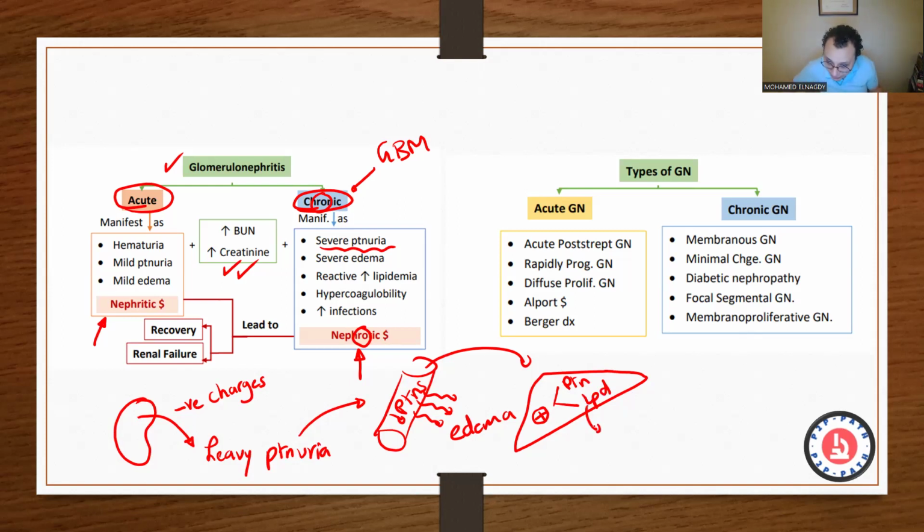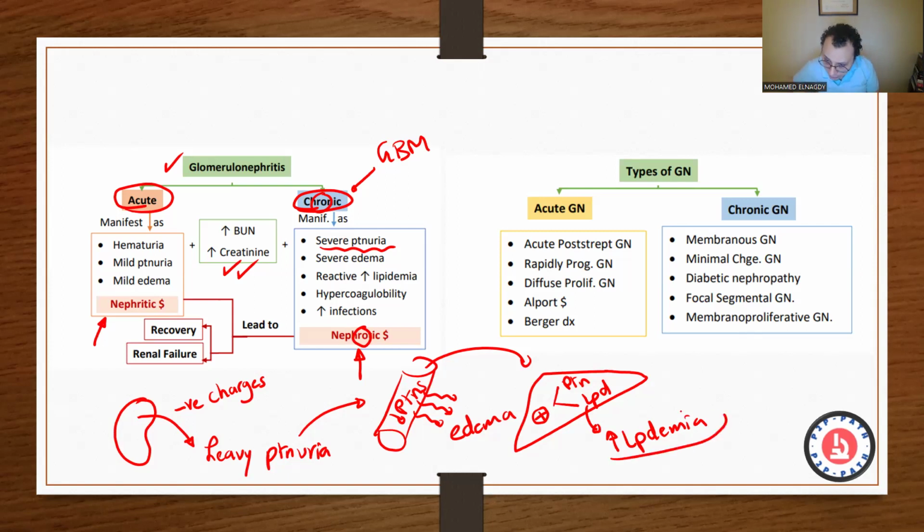And this will lead to hyperlipidemia, which we call reactive hyperlipidemia, because it happened due to the reaction of the liver to the hypoproteinemia, happening due to the heavy proteinuria, happening due to the chronic injury of the glomerular basement membrane and loss of the charge barrier.